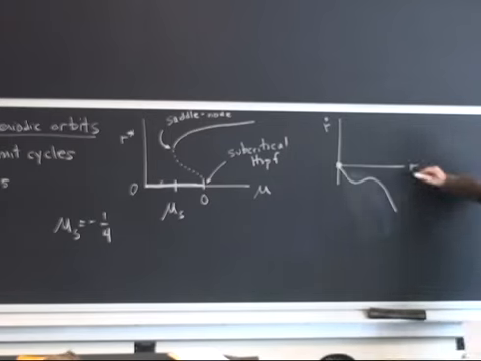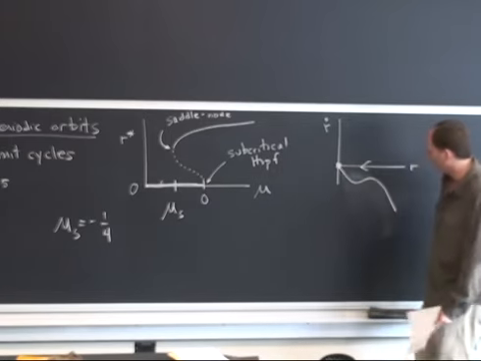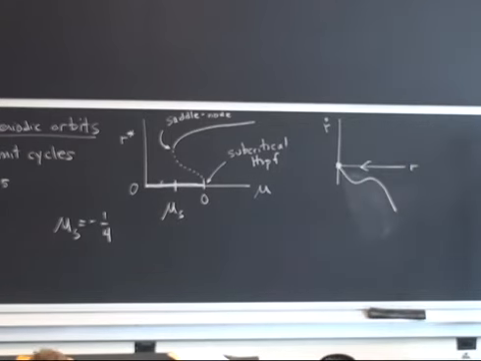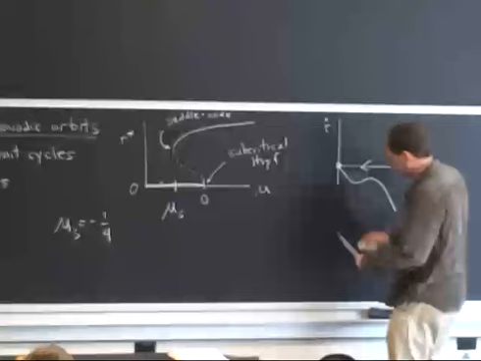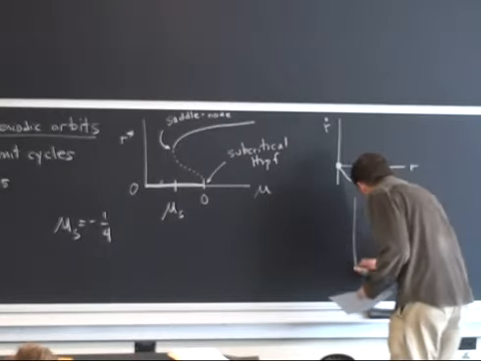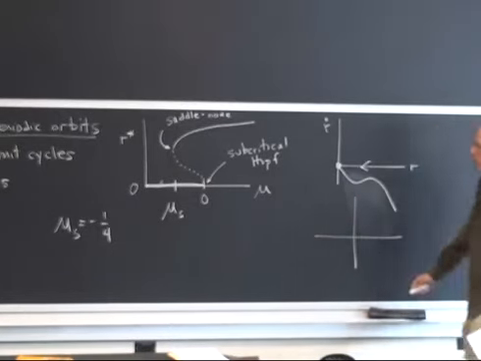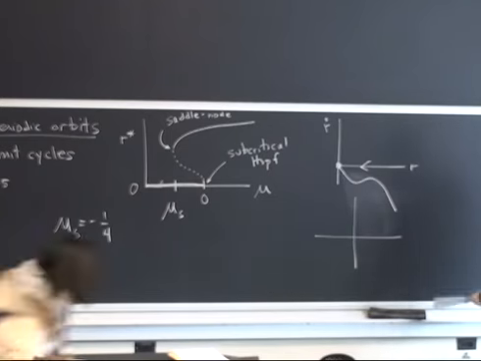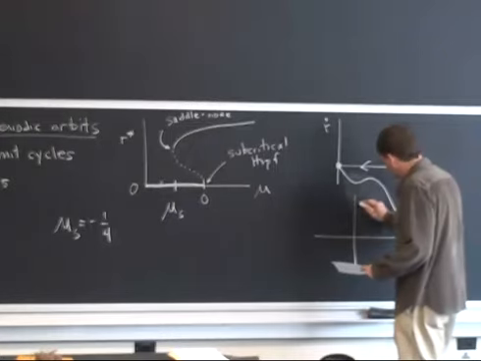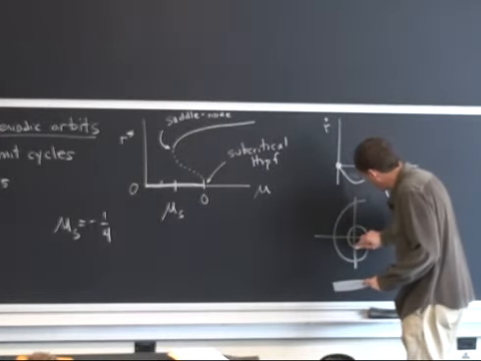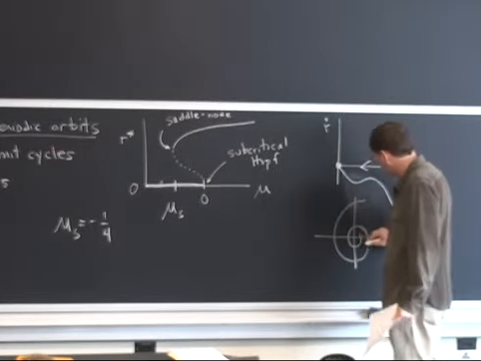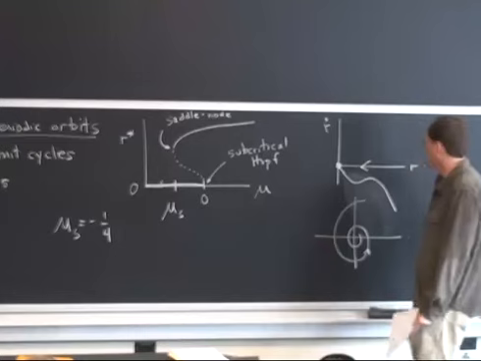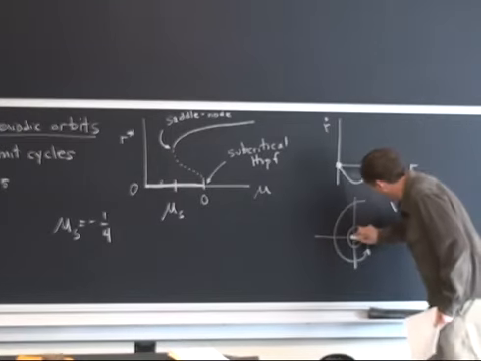So the flow in the radial direction just goes monotonically to 0, and we have this stable point in the plane. Now going into polar coordinates in the plane, theta dot is not too interesting. Let's just suppose it's monotonically increasing. Then we would spiral in like so. So there's our stable point at the origin.